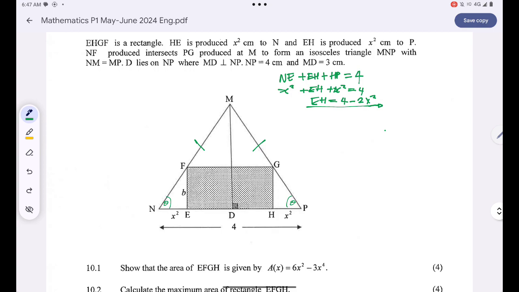Since we are told that we have an isosceles triangle, it simply means that these two triangles, let me highlight them, this triangle and this one, are congruent triangles. Are you together? Because I have three things which are common. Firstly, this side is equal to this one.